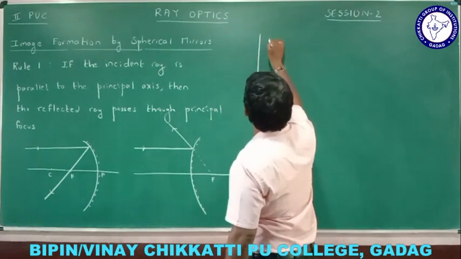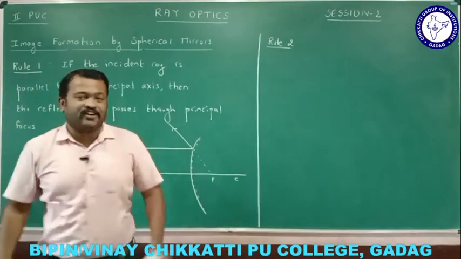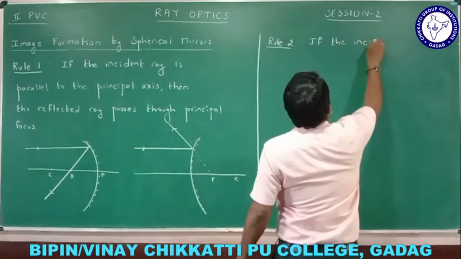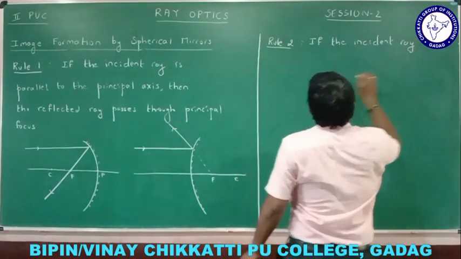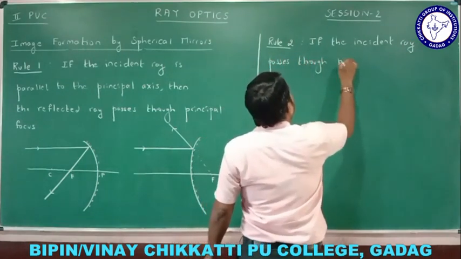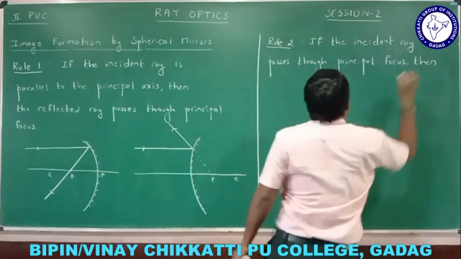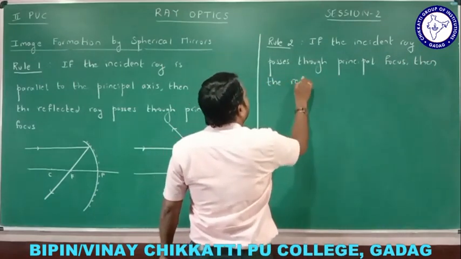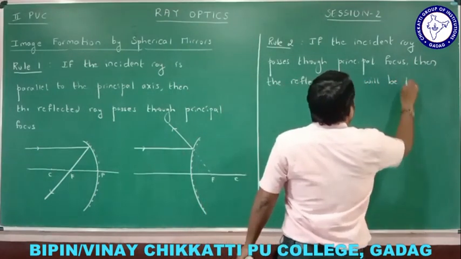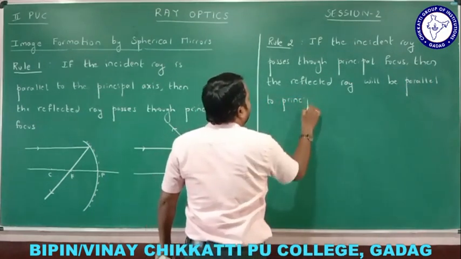Now the second rule, let us check it out. This is rule 2. If the incident ray passes through principal focus, then the reflected ray will be parallel to principal axis.